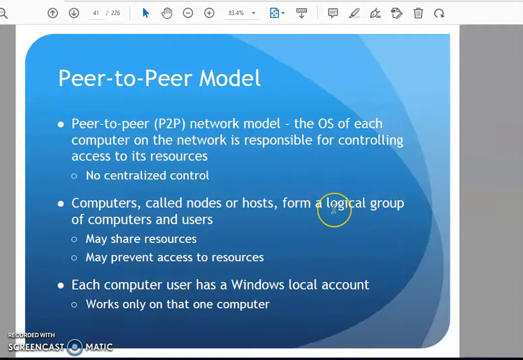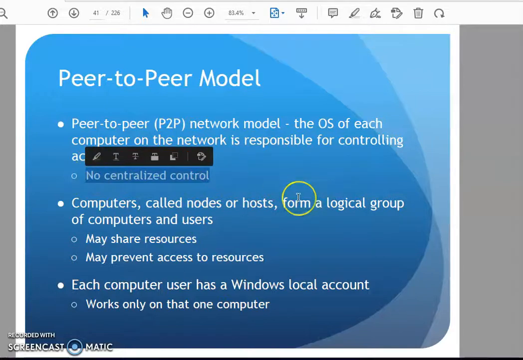Okay, so now that brings us to peer-to-peer and client-server. Well, the peer-to-peer model is when literally all the computers act as both the, I hate to use the word client and server, but they basically act on their own. Each operating system is responsible for what people have access to. So there is no centralized server control.